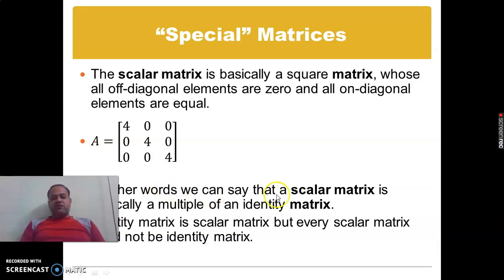In other words, the scalar matrix is basically a multiple of the identity matrix. Another remark: the identity matrix is a scalar matrix, but every scalar matrix need not be an identity matrix.